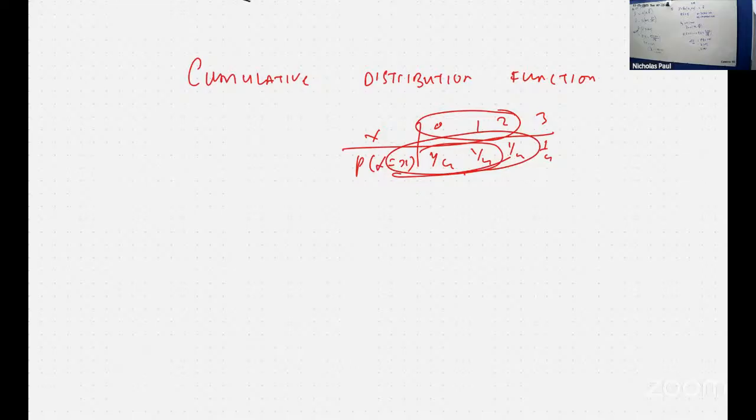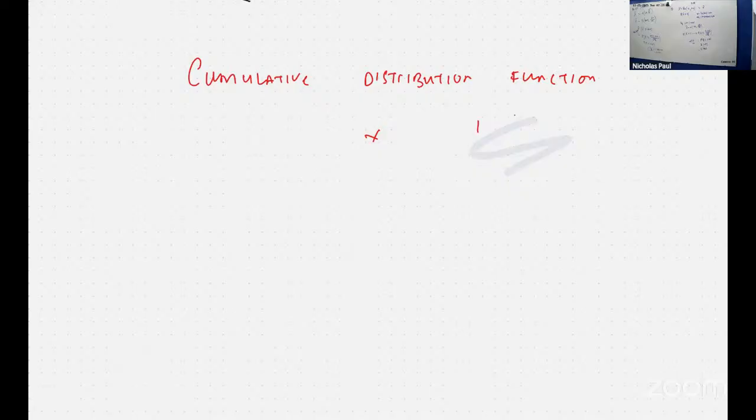Because of that, this comes into play. You're going to see something called F of t. Capital F indicates the cumulative distribution function. If you see lowercase f, like f of x, that is your normal probability density function. So what does F of t represent?